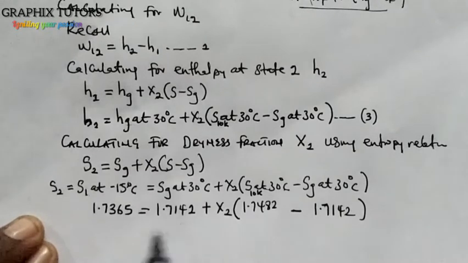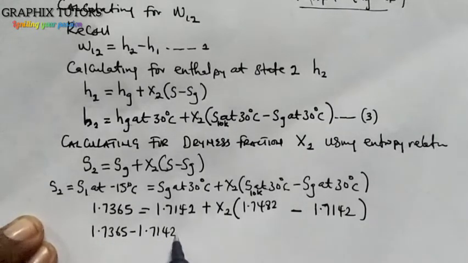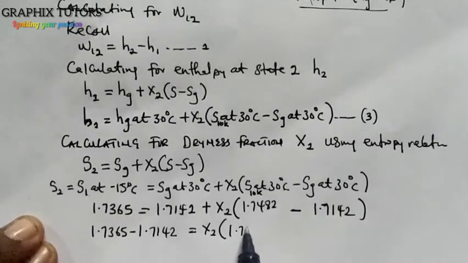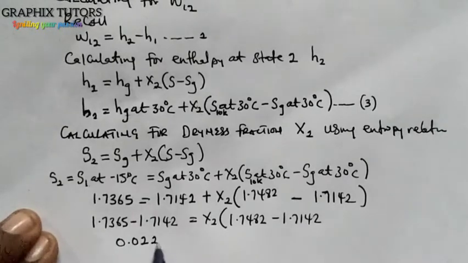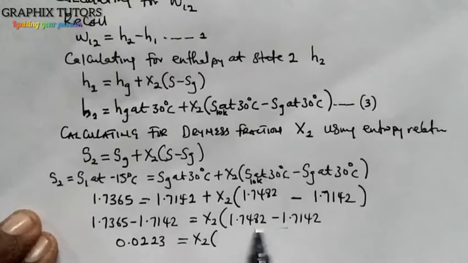So from here, I'll take this 1.7142 to this side. So I'll have 1.7365 minus 1.7142 equals S2 into bracket 1.7482 minus 1.7142. So if you subtract these two, we'll be having 0.0223 equals S2 into bracket, you subtract these two too.